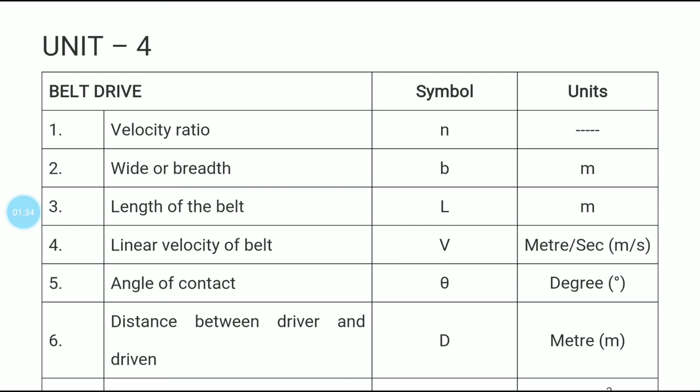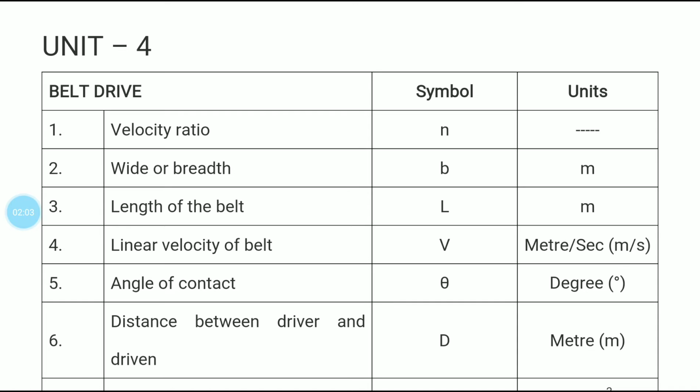Even if the problem is wrong, you will get the marks for the formula. And the last one is result. Whatever you find in the solution, just take it and write it in the result. So these four topics are important: first given data, second to find, third solution, and fourth result. Now let us come to the class.